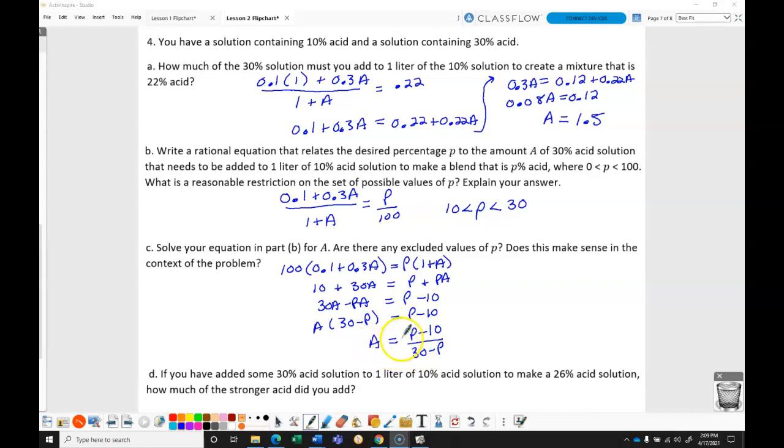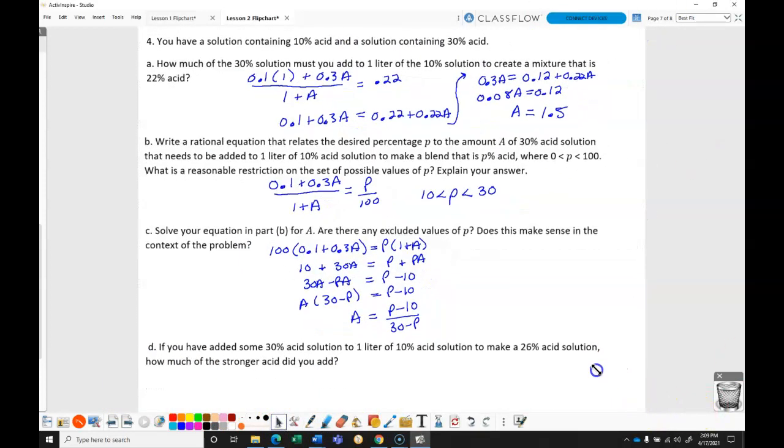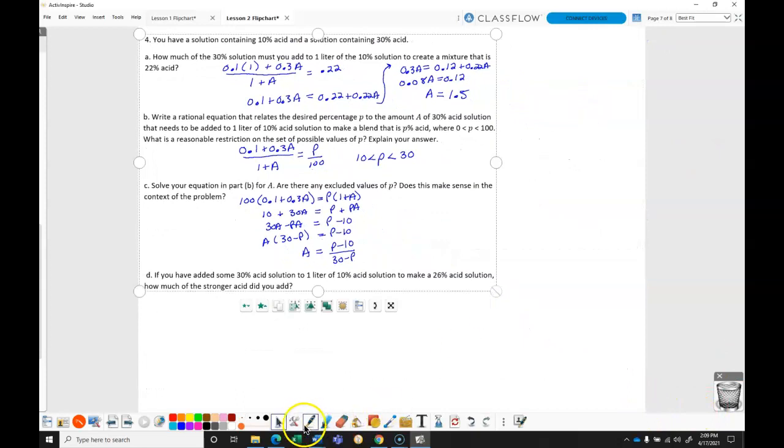Now for part D, I'm actually going to use that formula I just came up with. So let me shrink this some. I'm going to use the formula to find it. I already know what the percentage is. It says I want a 26% solution. So I'm trying to figure out how much I'm adding of the 30% solution.